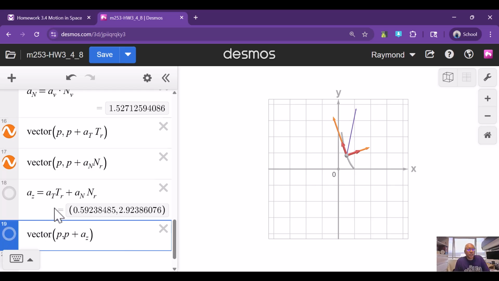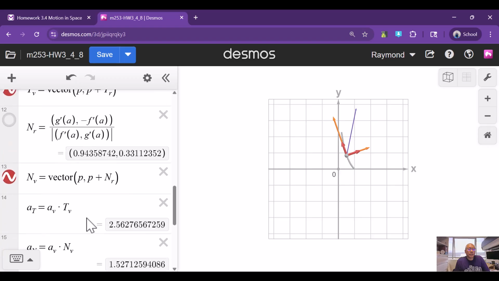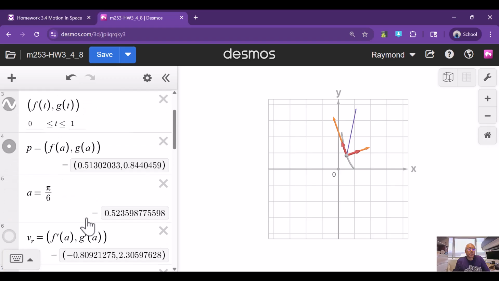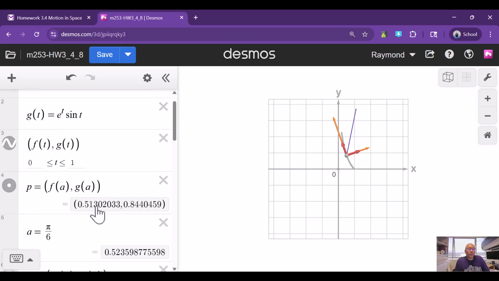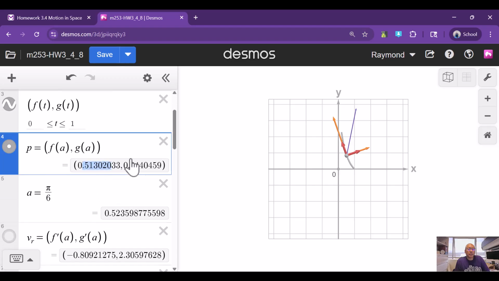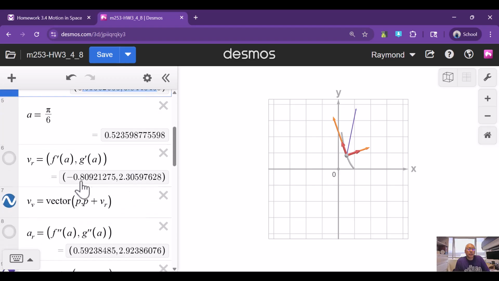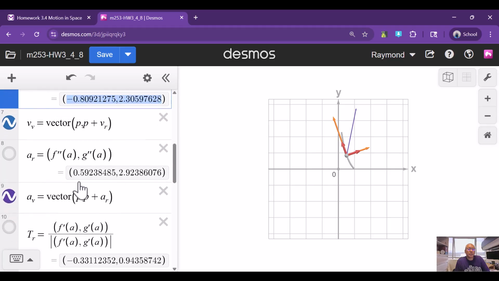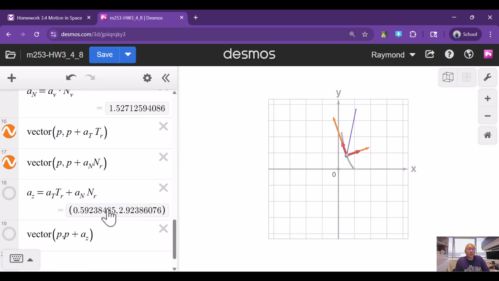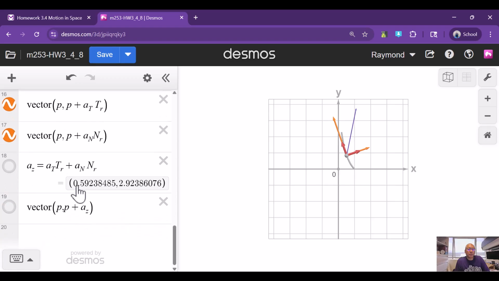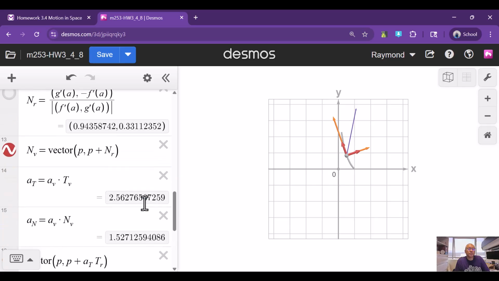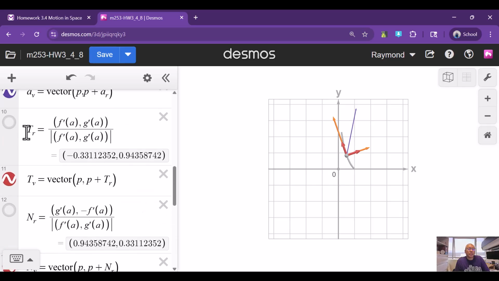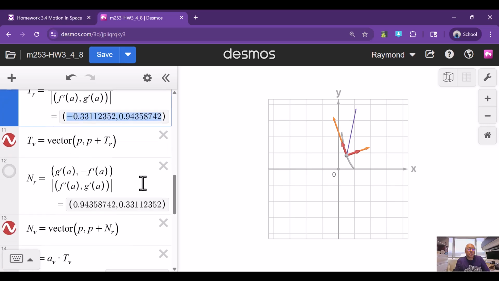The values here are, by the way, consistent. We have the point given by these values, and the velocity vector given by these values. This is the acceleration vector, which should be the same as the number that we got below here, which is the acceleration. We found the unit tangent vector, and we also found the unit normal vector.